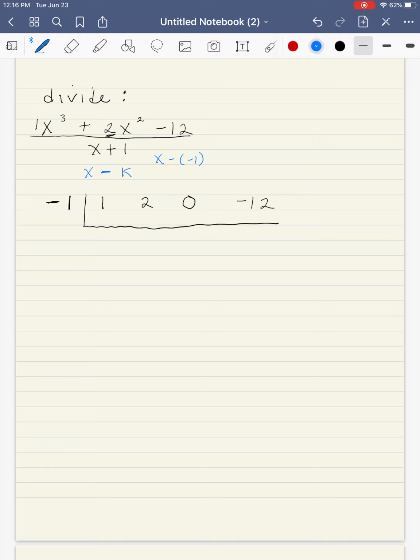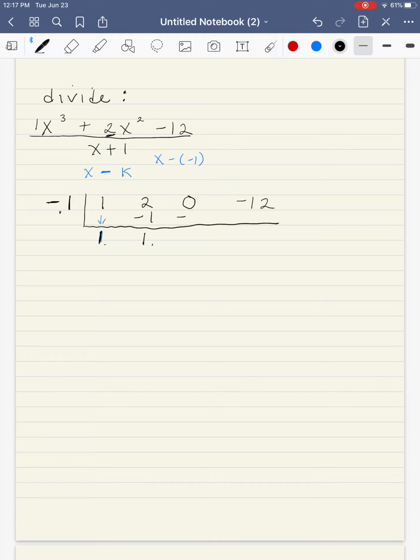So if you have that correct now and you understand that, go ahead and pause the video and do the actual synthetic division. Bring the first number down, straight down, multiply and add all the way across, and then check back. And we see that we have 1.